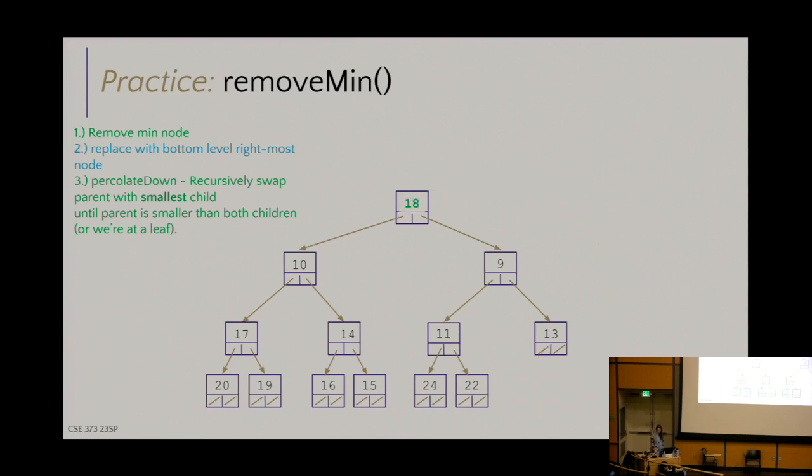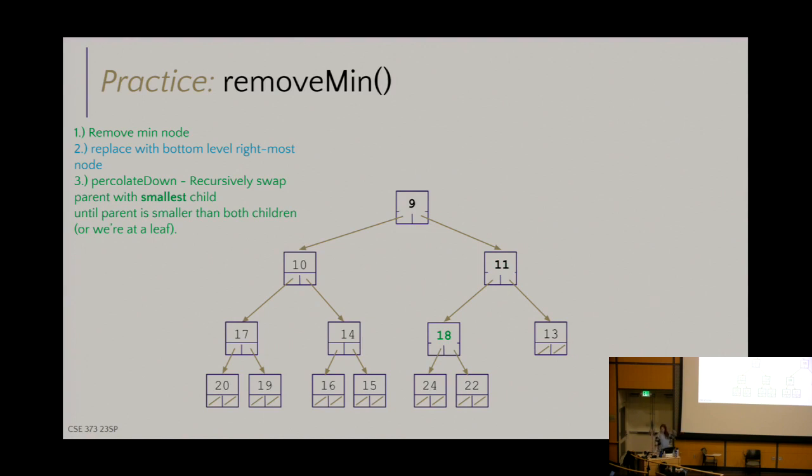Great. Now, we do our percolations. Do we need to do a percolation? Who are we going to swap 18 with? 9. I agree. Do we need to do another percolation? Who are we going to swap 18 with? 11. I love it. Do we need to do a percolation? Oh! Structure maintained.